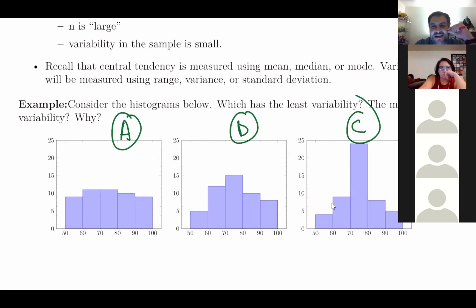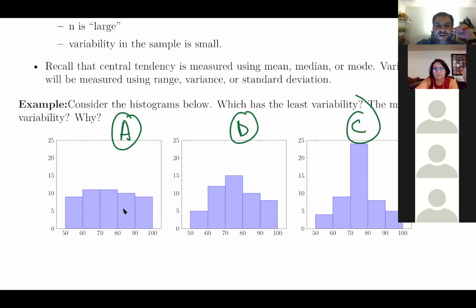The answer should be C, because if you look at C, from 70 to 80 you have a high concentration of students who got 70 to 80. If you look at A, the students are all over the place. You have students who got 50 to 60, 60 to 70, 70 to 80, 80 to 90, and 90 to 100.